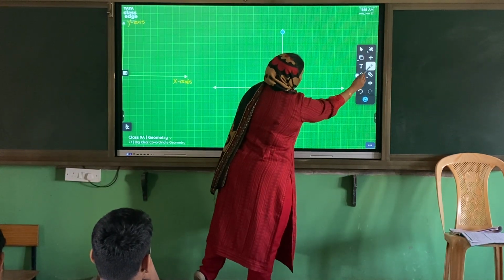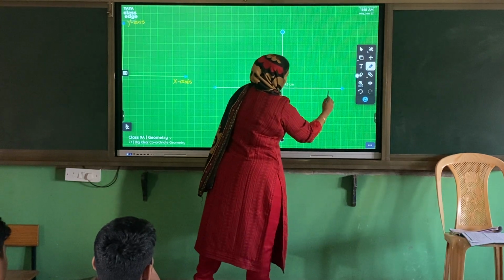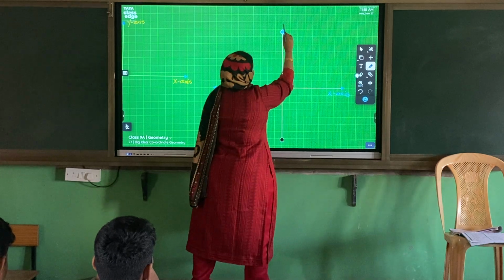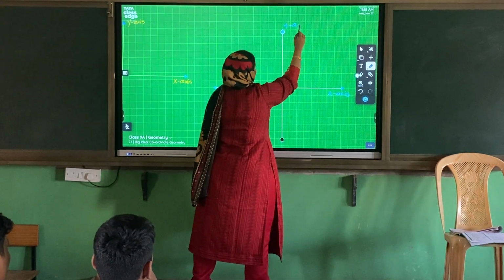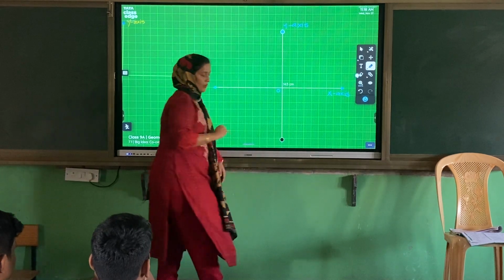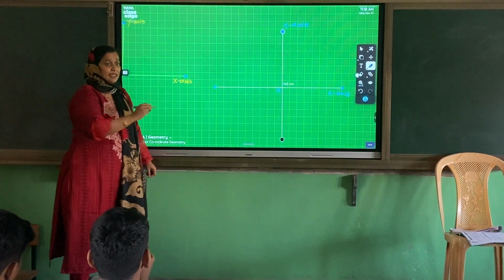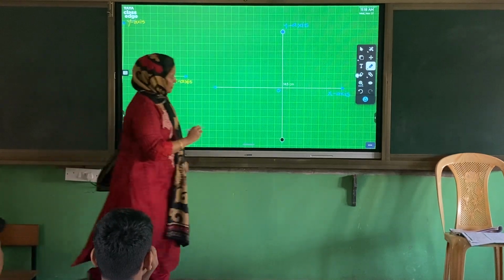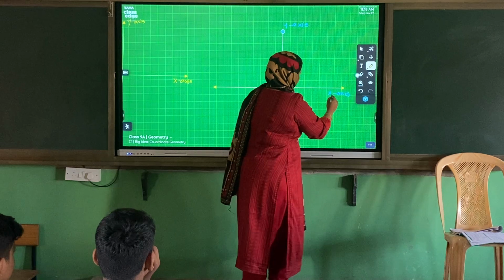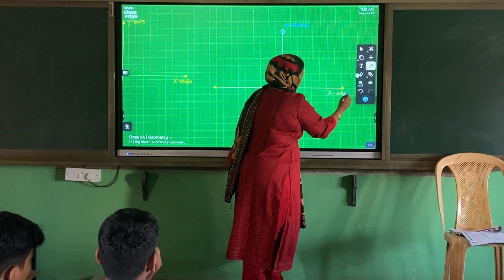Then we will name this. This is the x-axis, the y-axis, and this is the origin. Now we can mark the points on it. Is it visible now? Yes.